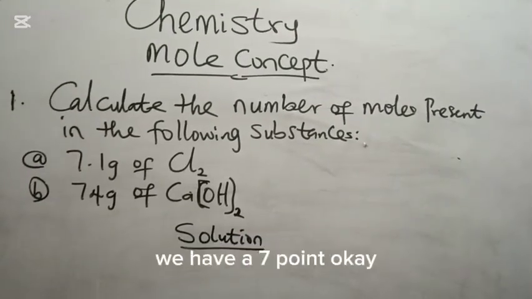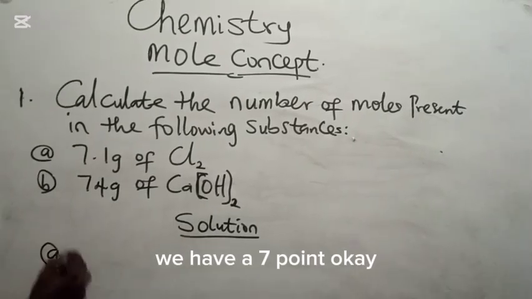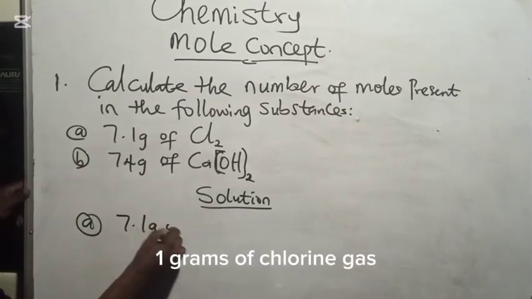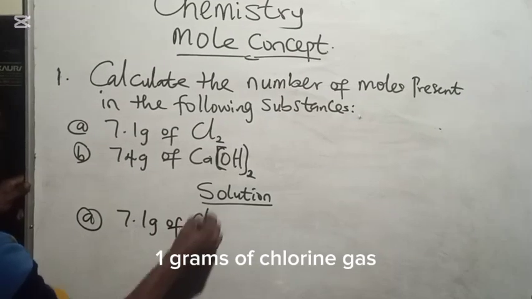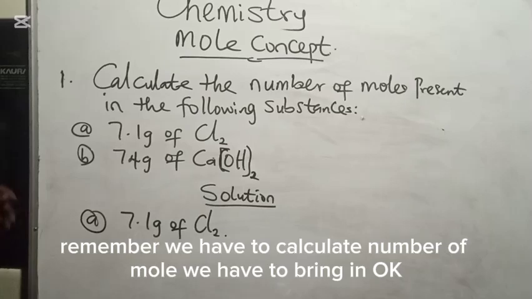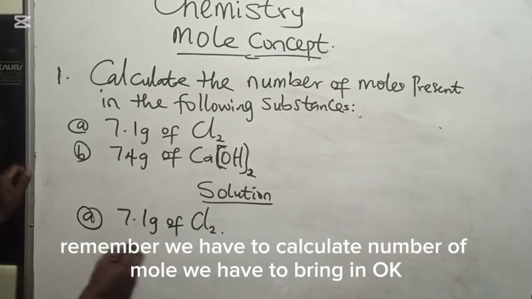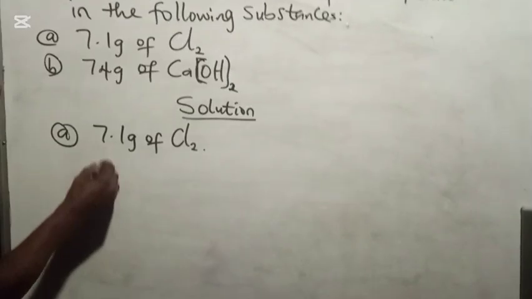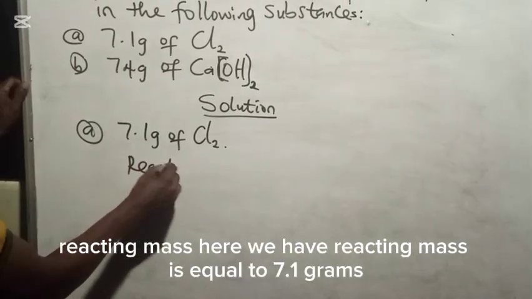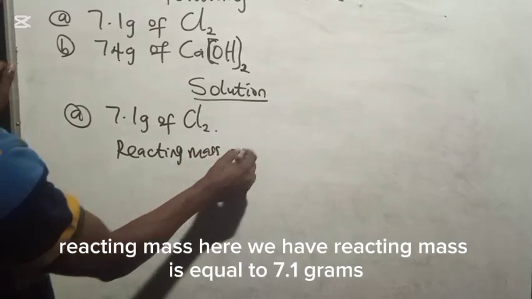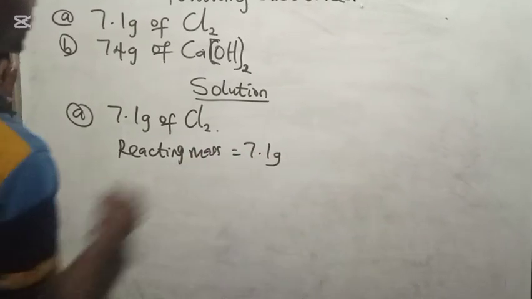We have A, 7.1 grams of chlorine gas. Remember, we have to calculate number of mole. Here is the reacting mass: reacting mass is equal to 7.1 grams.